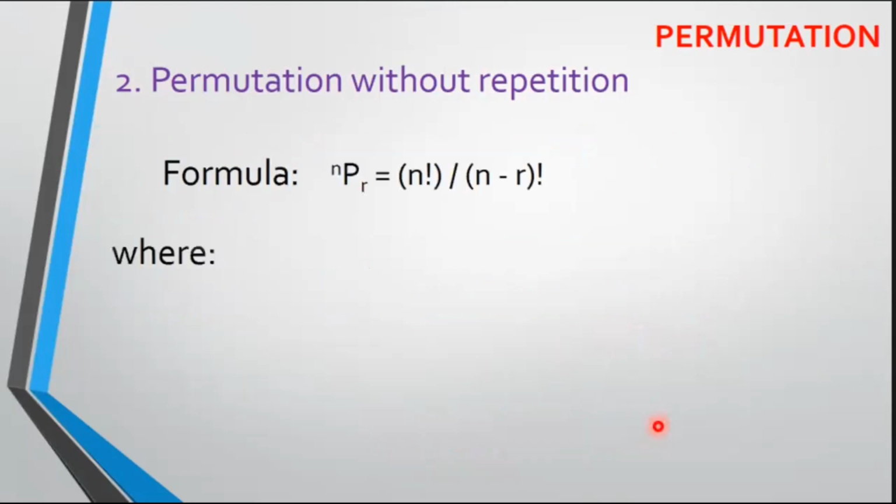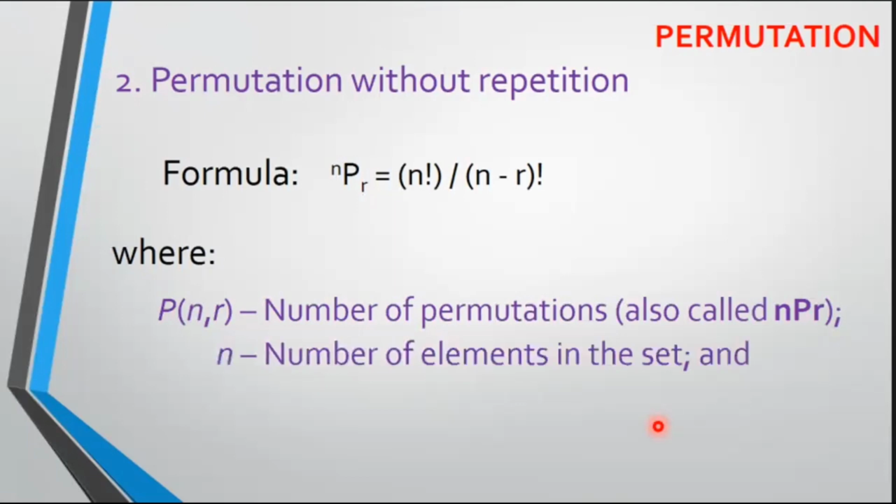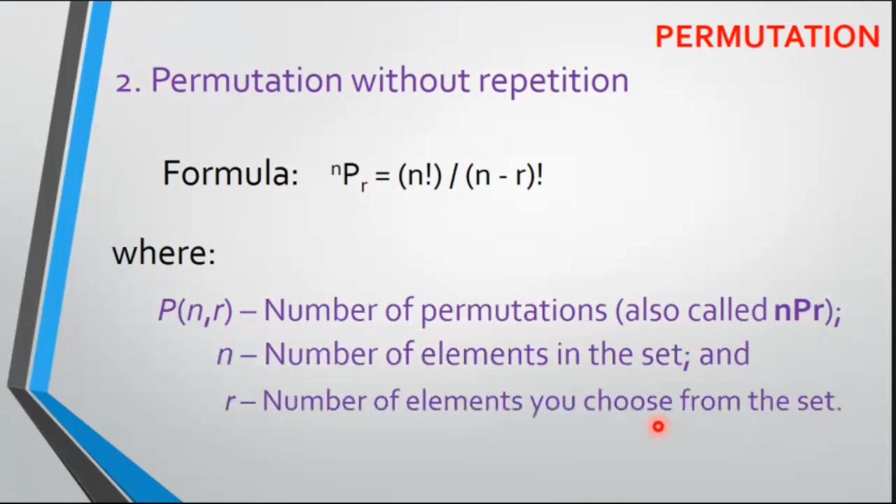With this formula, P(n, r) is our number of permutations, which is also called nPr. Our n here is the number of elements in the set, and r is the number of elements you choose from the set.